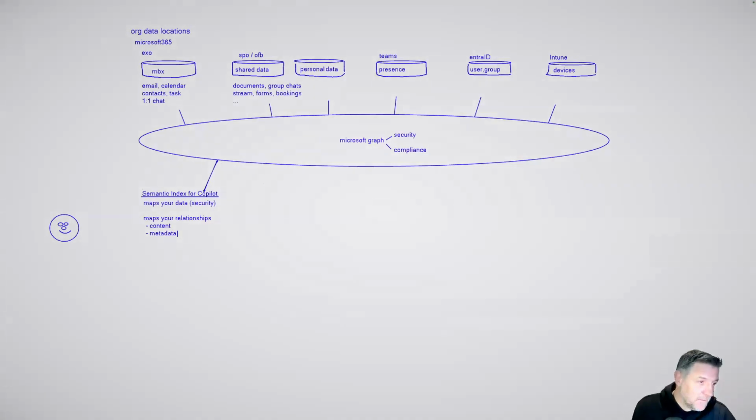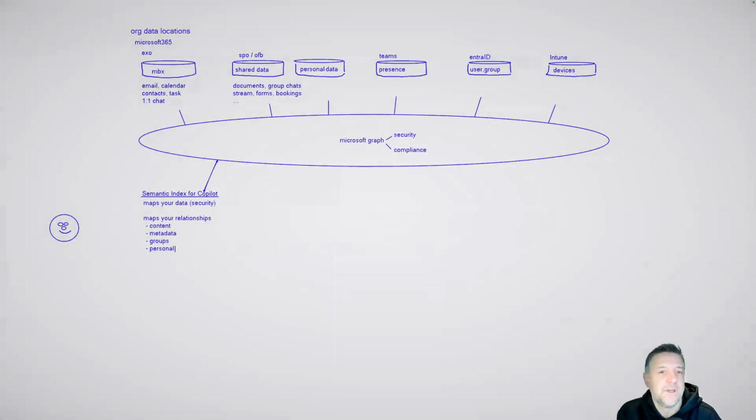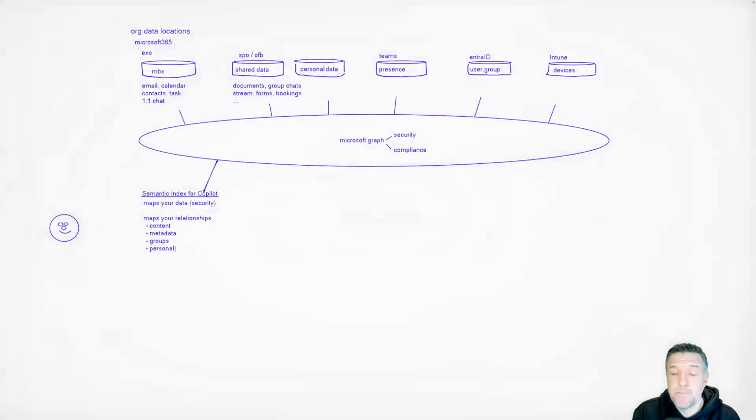And then it's actually quite interesting because it will also map relationships on, for example, groups, and it will map relationships based on people or persons, maybe personal relationships. So, for example, let's say you are in a certain team. You're in the sales department and you are searching for information about a certain project.